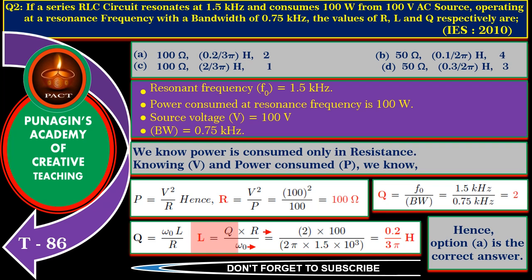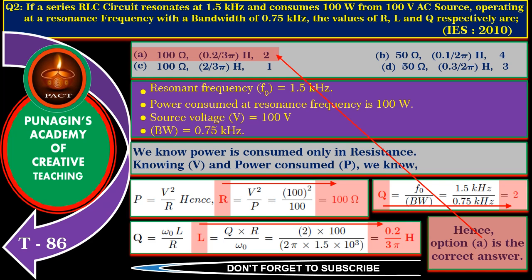So, by substituting the values and solving and rearranging, we get L is equal to 0.2 divided by 3 pi henries. Finally, we got R is equal to 100 ohm, L is equal to 0.2 divided by 3 pi henries and Q is equal to 2. Hence, option A is the correct answer.